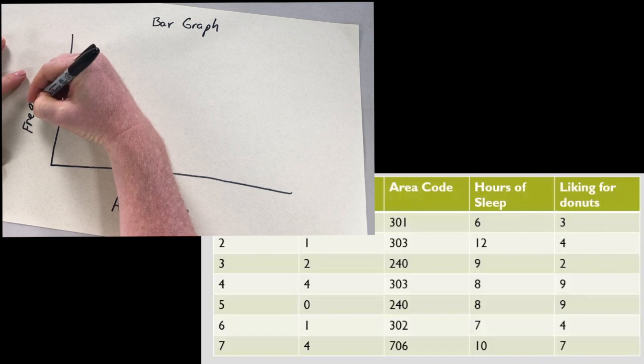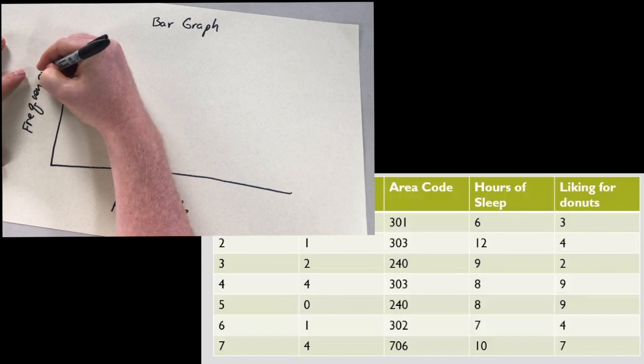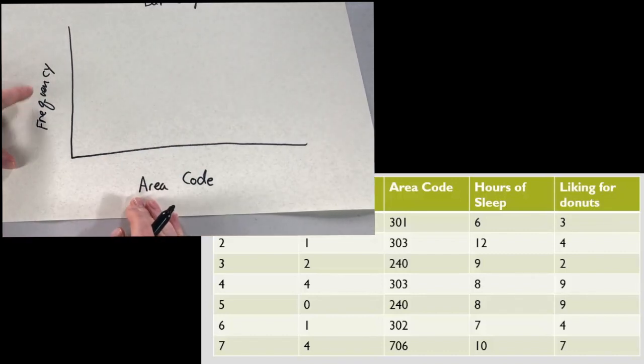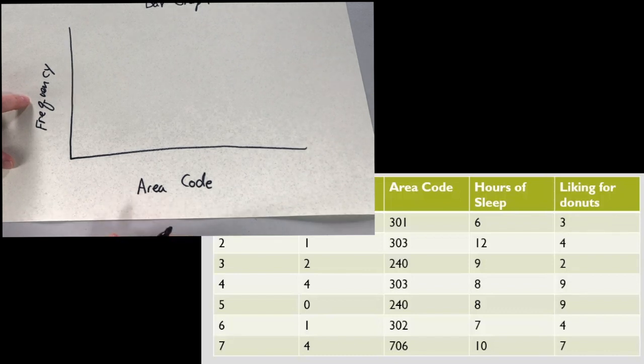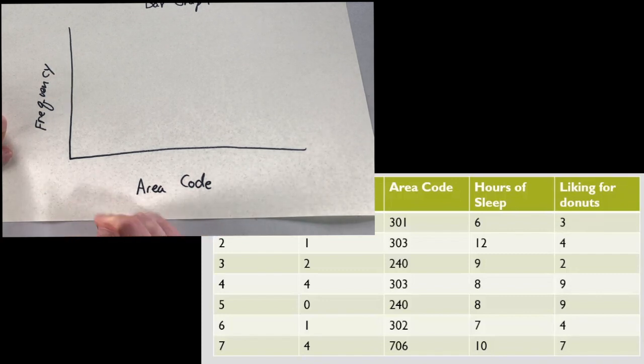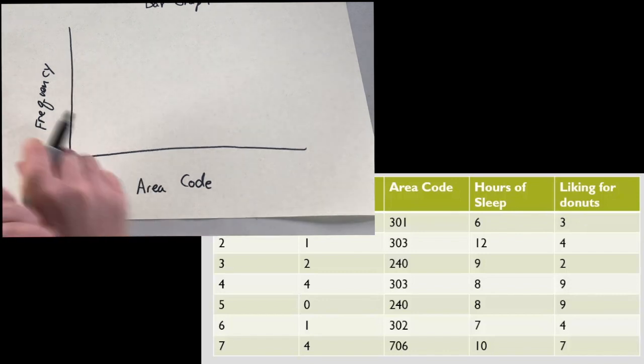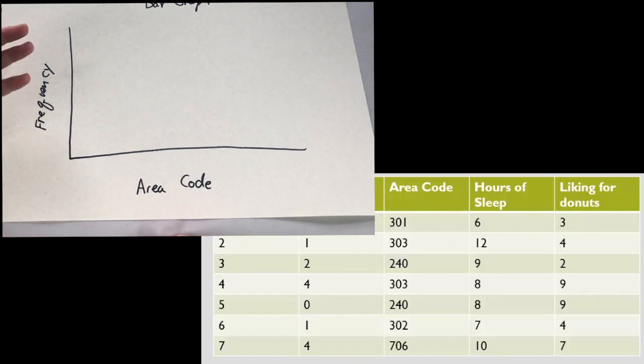And so the y-axis is going to be frequency. All right? Now, what goes on the x-axis? This is going to be the area codes. Do I have to put these in order?